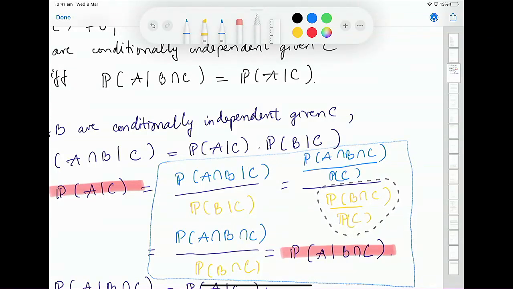And now you can see that you can simplify the probability of C, because the probability of C is different from 0.